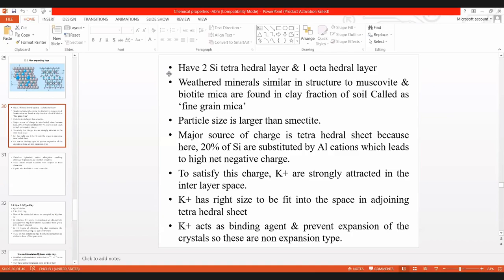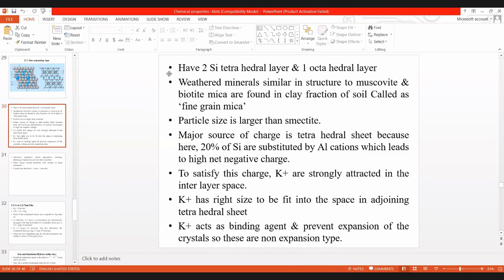The particle size is larger than smectite. A major source of charge is in the tetrahedral sheet, because here 20% of silicon is substituted by aluminium cations, which leads to high net negative charge.